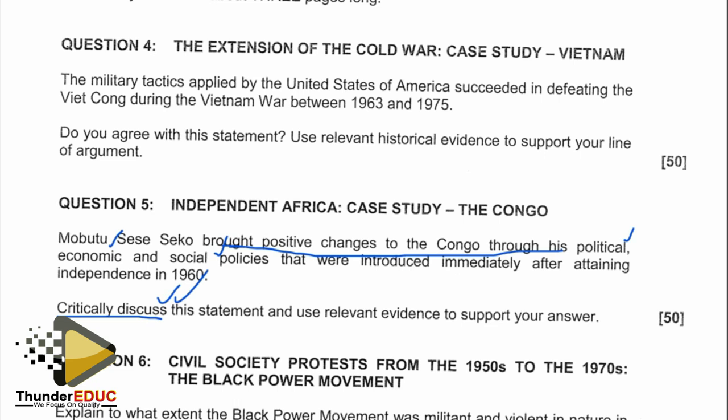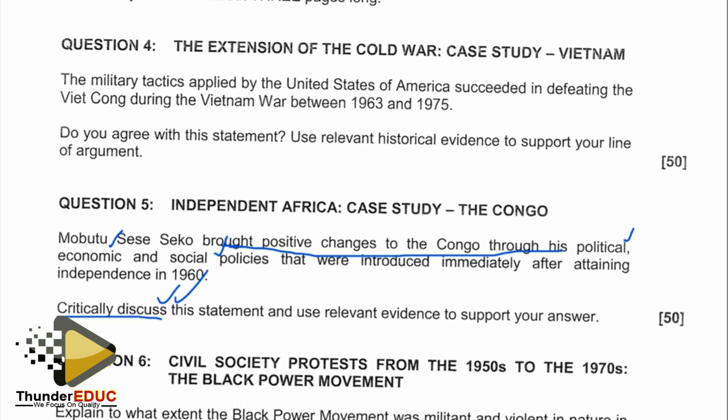Or if you are saying he did not bring any positive change, what evidence are you going to use, or what's the reason? You need to give historical reasons. For example, he rose to become a dictator and abused people's democratic rights. That is the politics. Or the economy of Congo went into a downturn and the GDP dropped drastically. That is a negative implication on the economy.